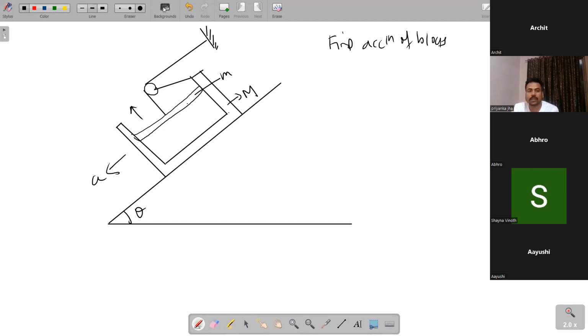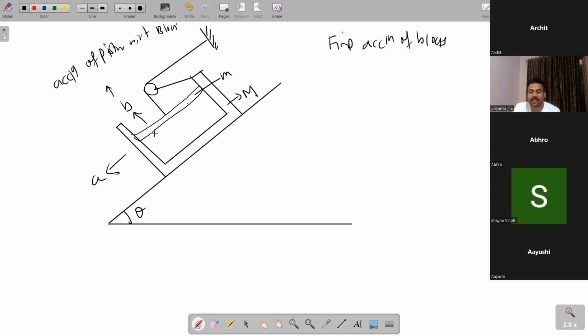So suppose b is the acceleration: this block slides down, this pulley also comes down, so this length will increase, so this has to decrease, so the piston will go up with some acceleration b. And this b is the acceleration of the piston with respect to the block, not with respect to the ground.